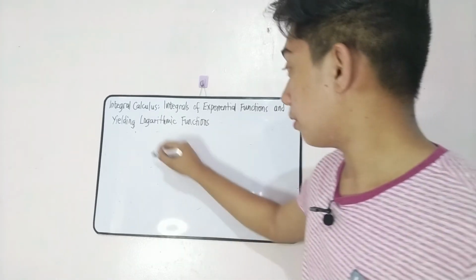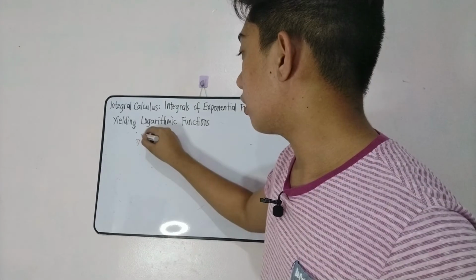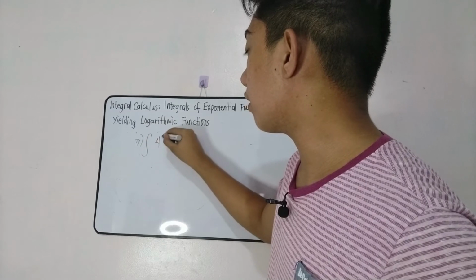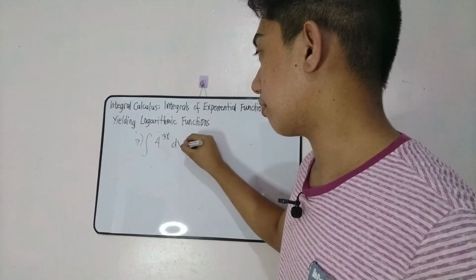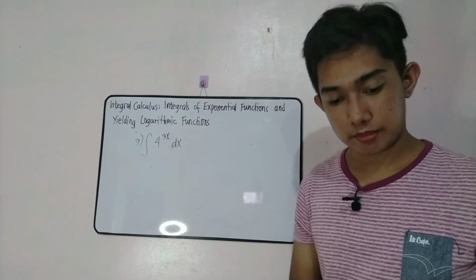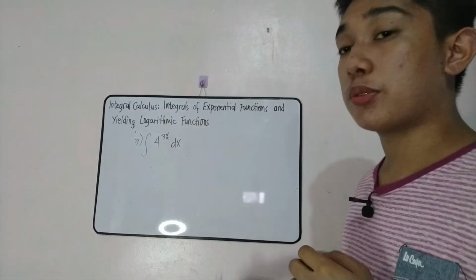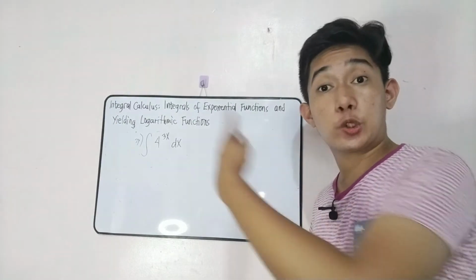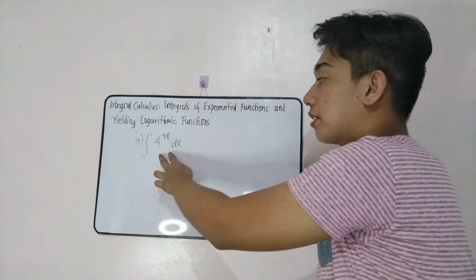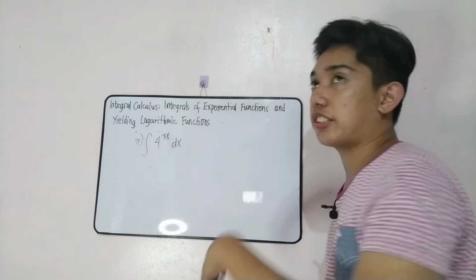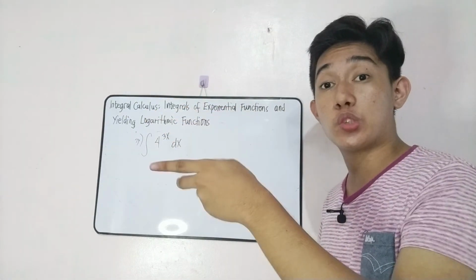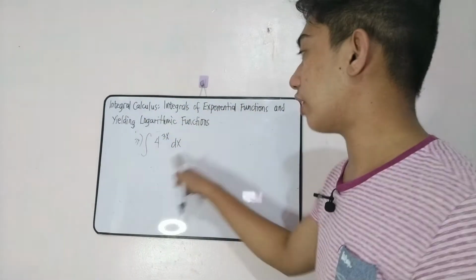Ito. The integration of 4 raised to 3x dx. Yan. Napakadali lang, no? So, obviously, this will follow the first rule na introduce ko kanina. So, this becomes 4 raised to 3x or yung a raised to u du. So, ganito lang yan siya.